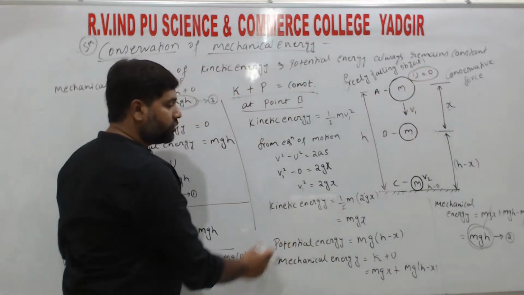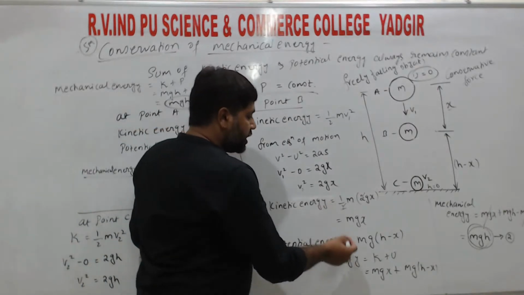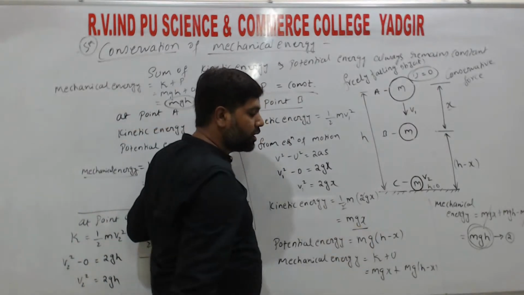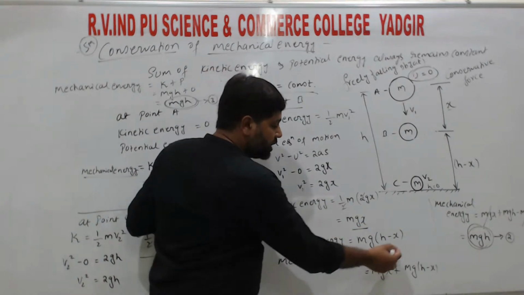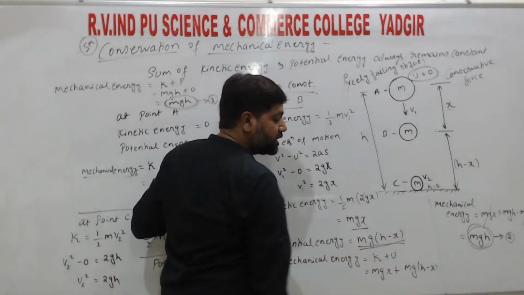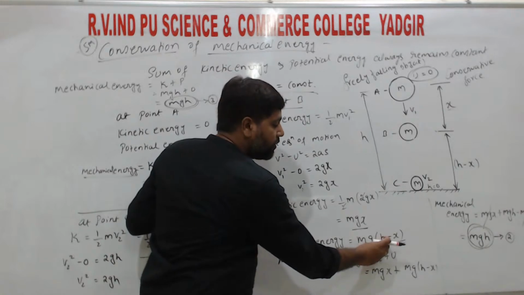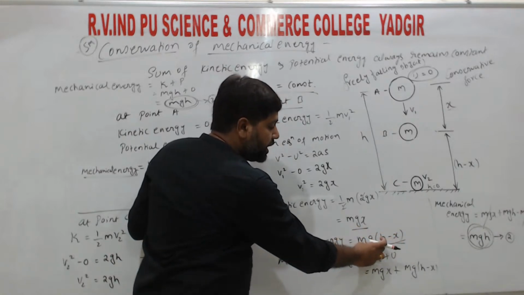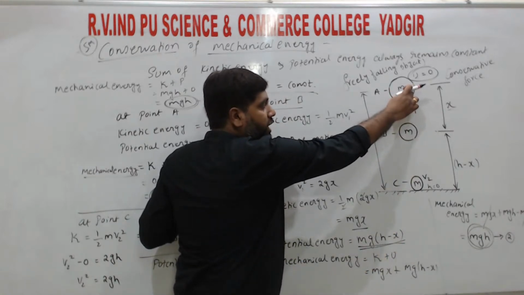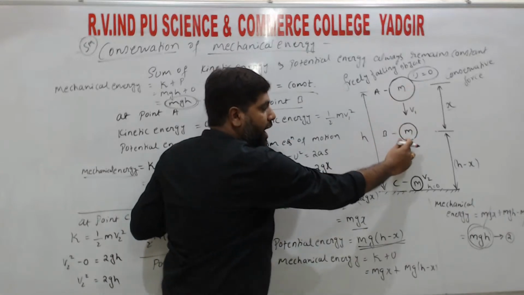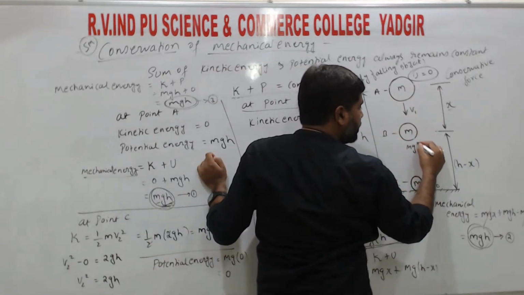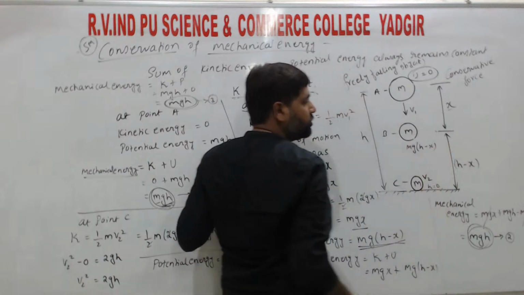So in the second case you can observe here, kinetic energy we are getting mgx, and potential energy we are getting mg(h minus x). That means some value is lessening. So initially mgh is the potential energy at A, but at B we have the potential energy mg(h minus x), right?